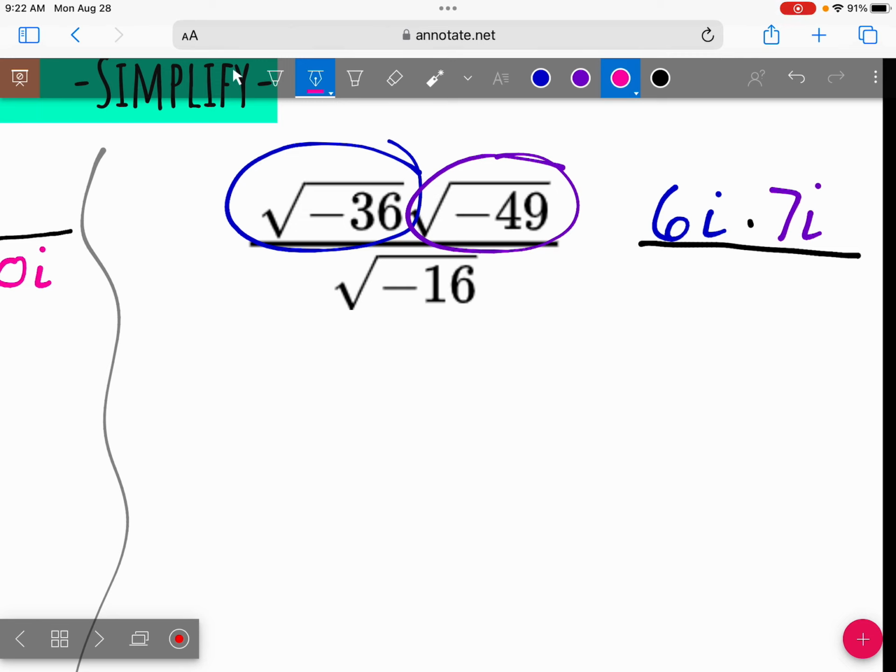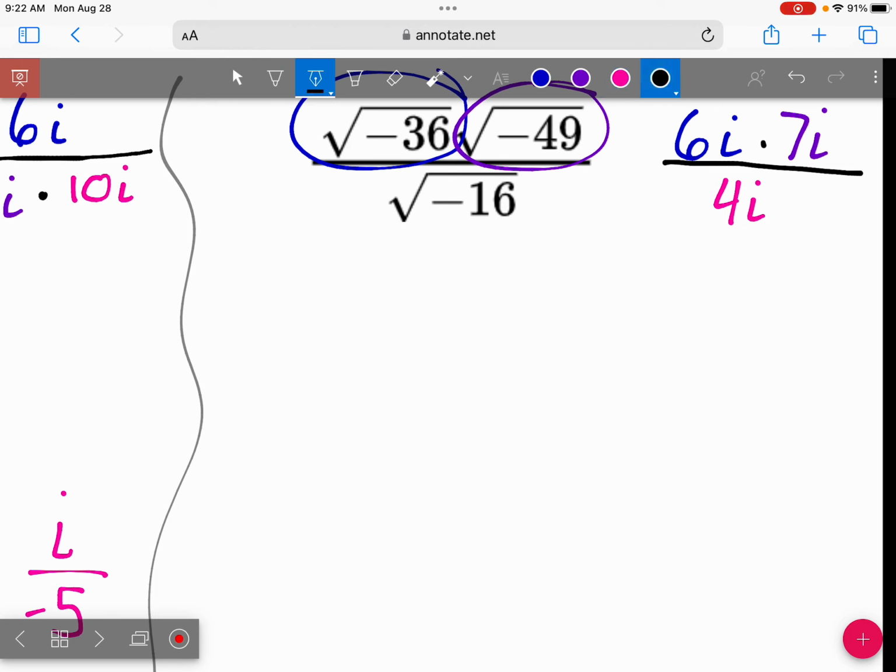And our denominator is 4i. So we have 6i times 7i, 42i squared over 4i.